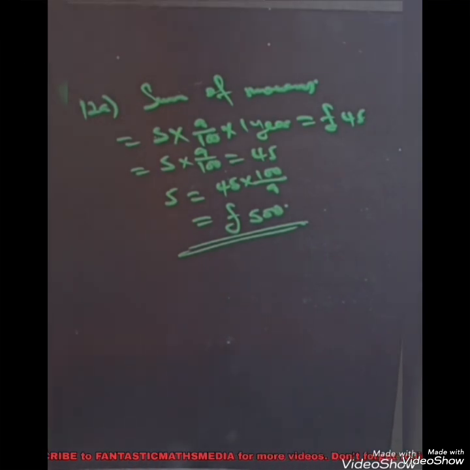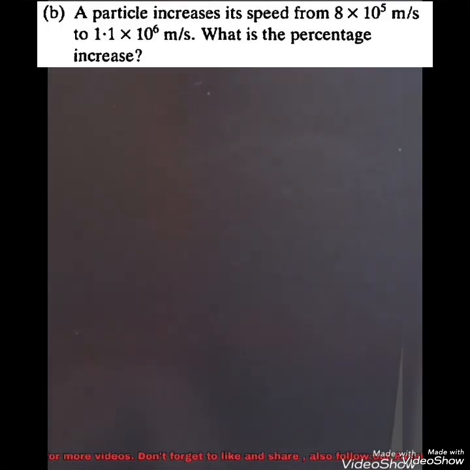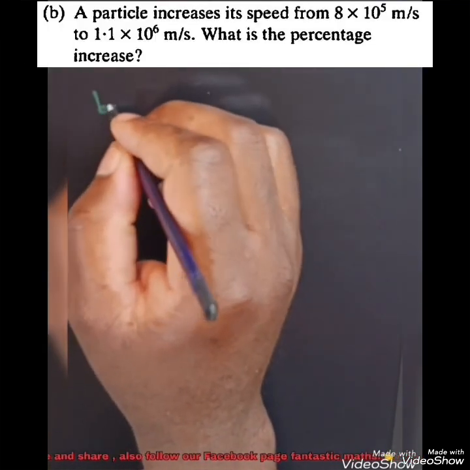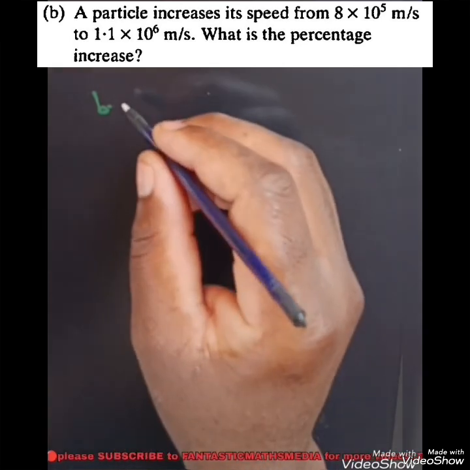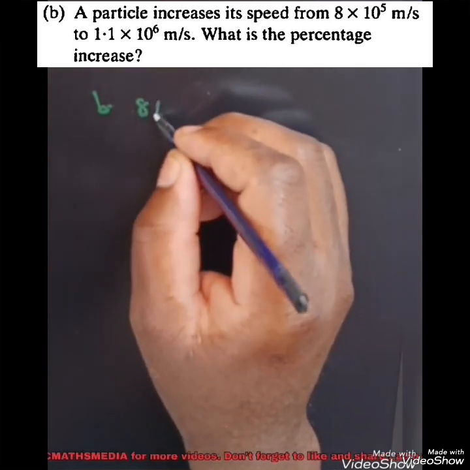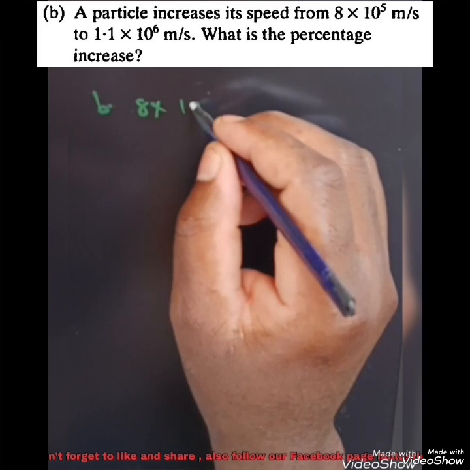Let's move on to part B. A particle increases its speed from 8 times 10 to the power 5 meters per second to 1.1 times 10 to the power 6 meters per second. What is the percentage increase?